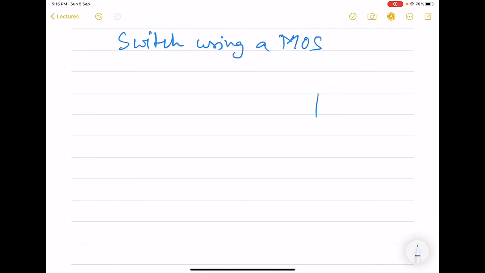So we take a MOS, we feed LO to the gate, and we connect RF to the source, and the drain to the output.